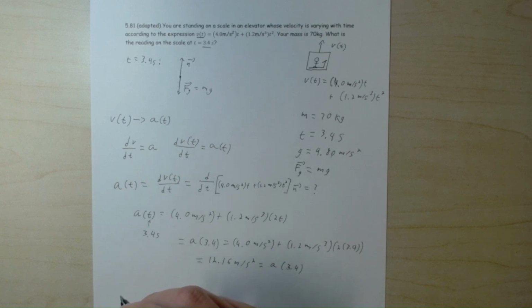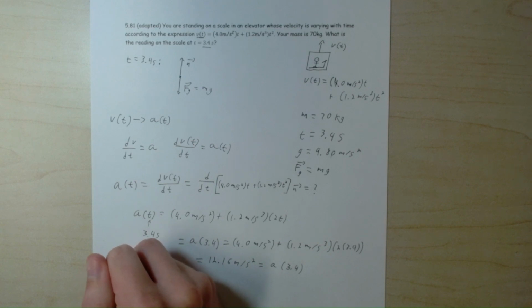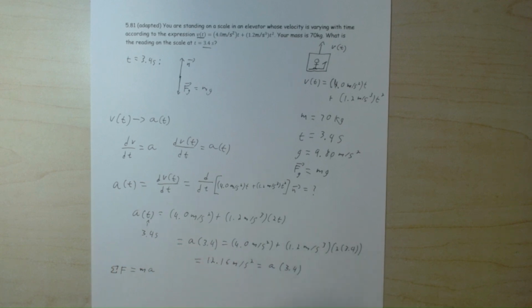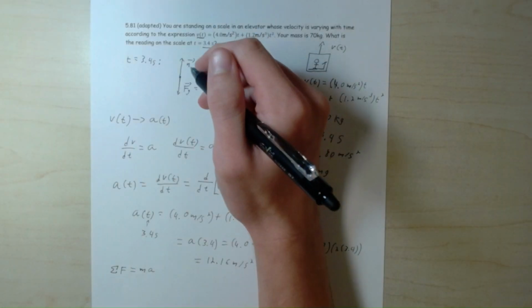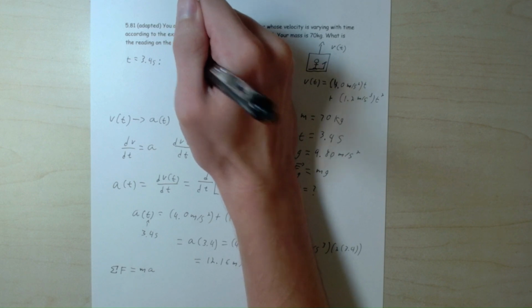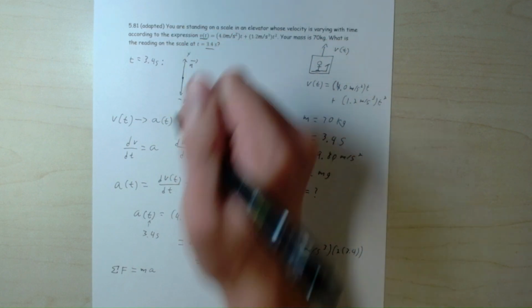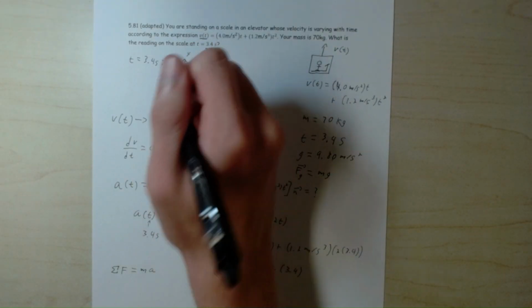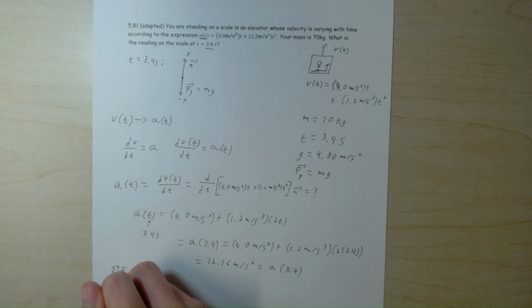So applying Newton's laws, specifically Newton's second law, we have the sum of the forces on a given object equals mass times acceleration of that object. So if you can see here, I'm just going to call this my positive y direction and my negative y direction. In our positive y direction, we have n, right, the normal force, which we're solving for.